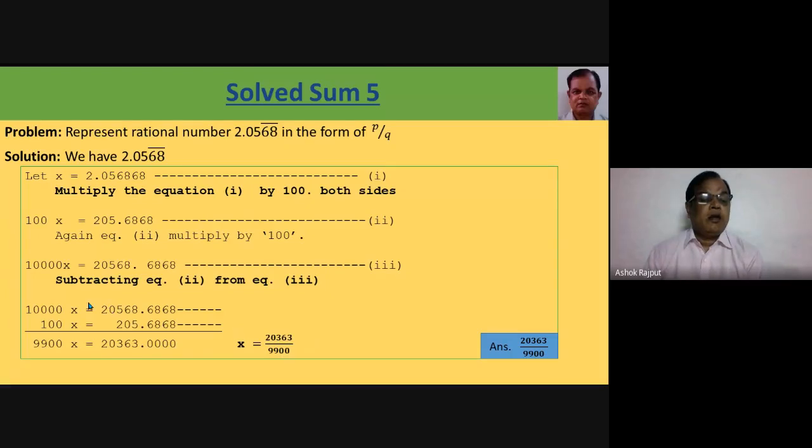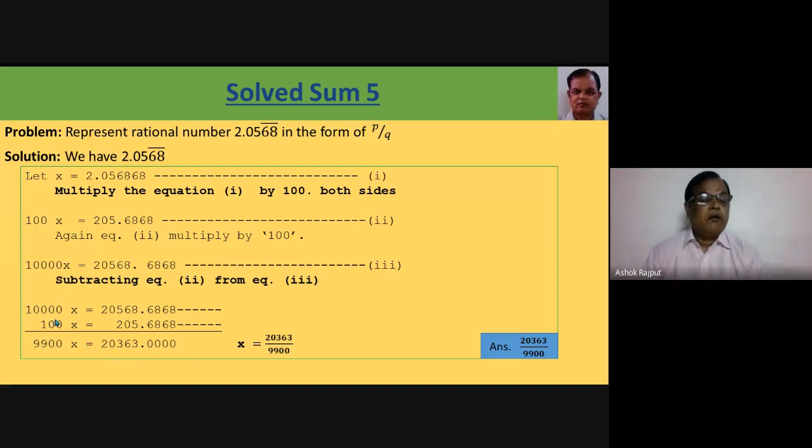After subtracting, we are getting here 10,000 minus 100, it will be 9,900 x, and here we are seeing after decimal digits are same, so we have here 0 only, then 8 minus 5 3, 6 minus 0 6, 5 minus 2 3, and 0, then nothing, here there will be 0, 2, then we are not subtracting anything, so it will be 20. Now it will be 20,363.